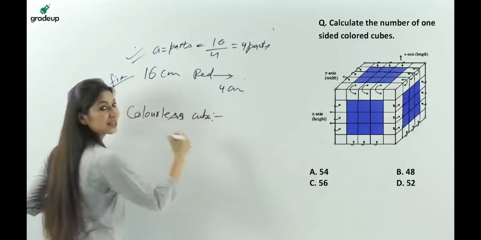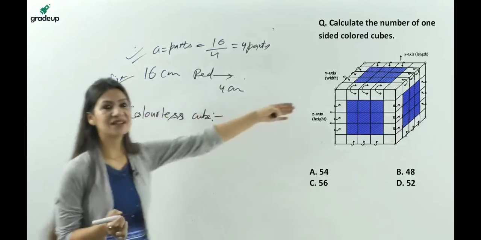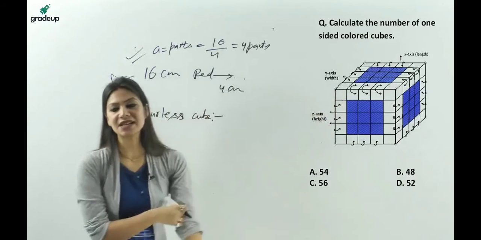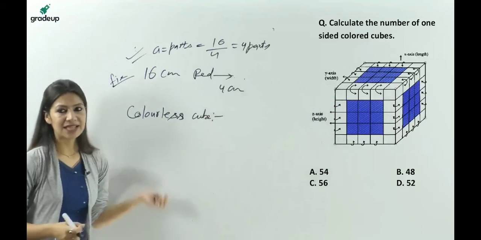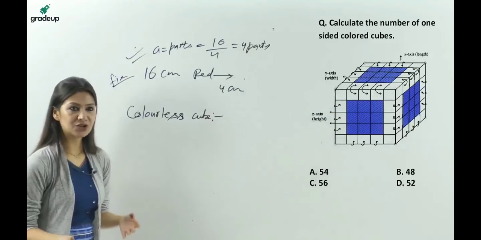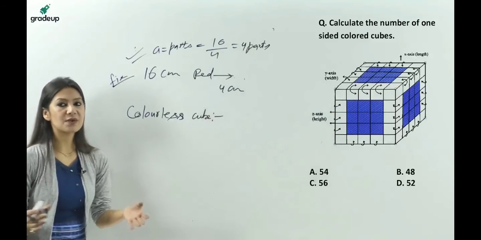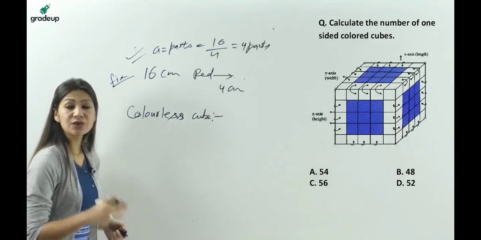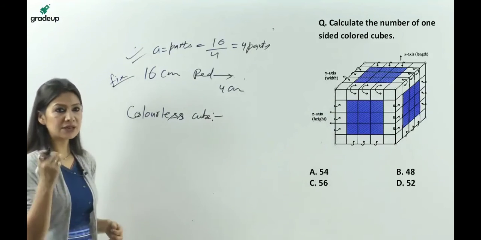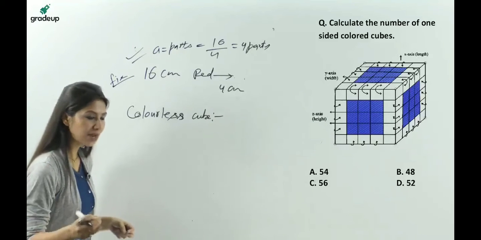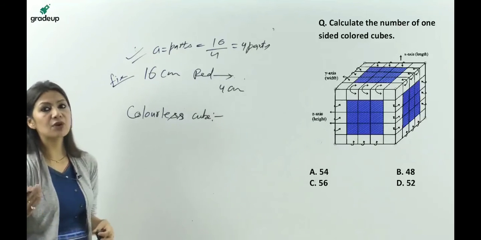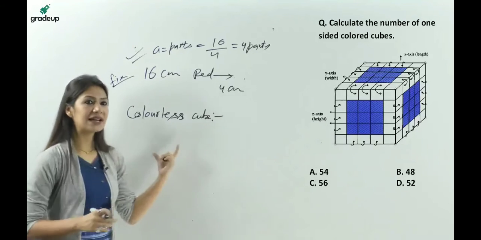Although I have explained all the formula with the help of the example of 25 centimeter, I am repeating with this example so that you can relate it actually with the room where you are sitting, students, and you can imagine it any time, even if you are not memorizing the formula exactly, and you can derive it by your own. So, colorless cube.